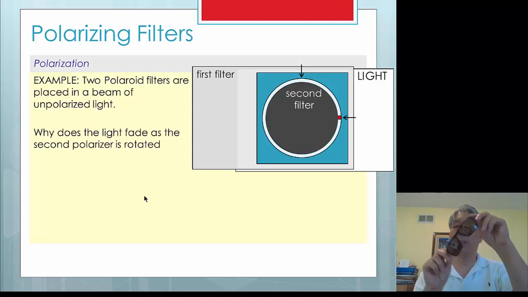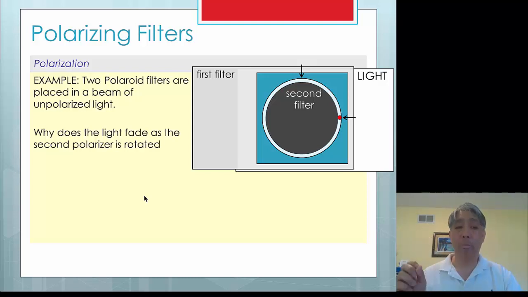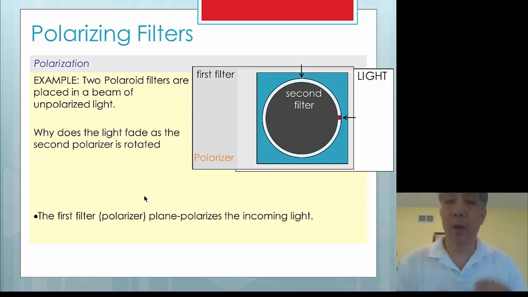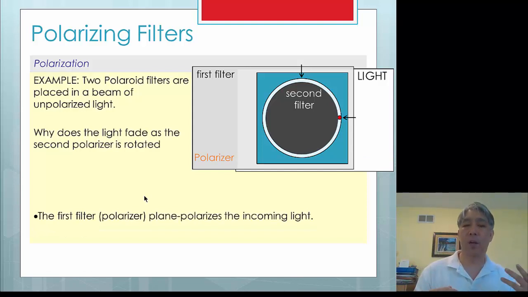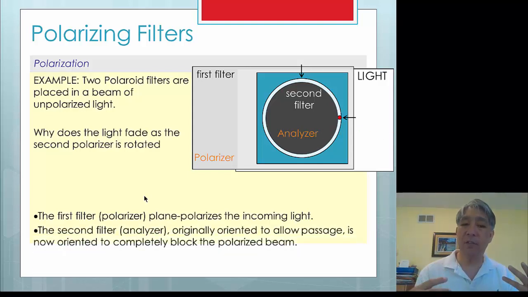Your screen should have gotten darker and lighter. We call that first filter a polarizer because it polarizes that light that was unpolarized to begin with. The second filter we call the analyzer, because it allows you to analyze what angle that light happens to be at.